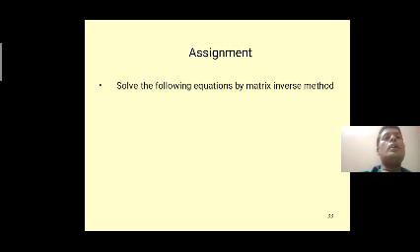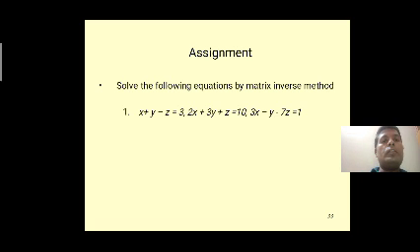Now we go to the assignment. The first question: solve the following equations by the matrix inversion method. x plus y minus z equal to 3, 2x plus 3y plus z equal to 10, 3x minus y minus 7z equal to 1. Now we take the coefficient matrix A, X equal x, y, z, and the constant values B equal 3, 10, 1.